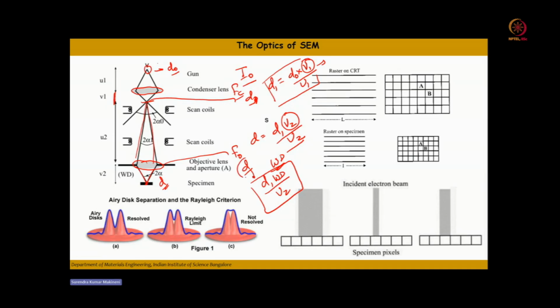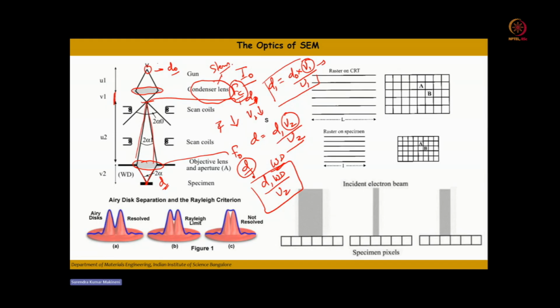Now, if you need a smaller D size, what should we do? Here the condenser lens strength controls the beam size. If you increase the condenser lens strength, your FC will reduce. If your FC reduces, then your V1 reduces, that is the distance of that particular spot from the condenser lens.